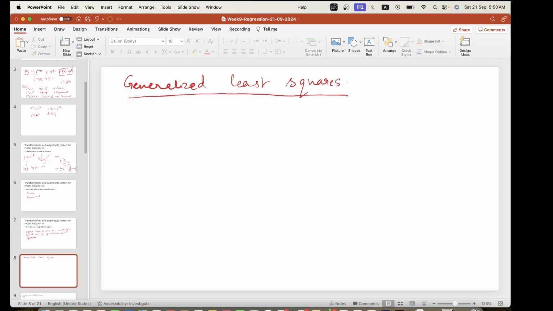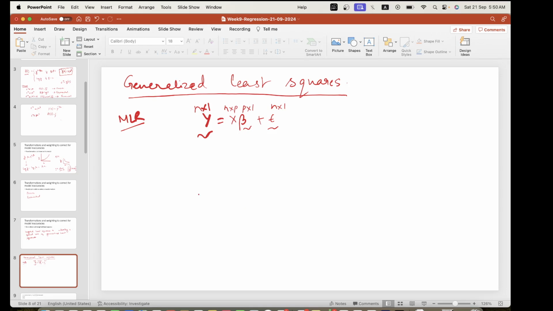Okay, so usually what did we have? If I write a multiple linear regression, we have something like this: y equal to x beta plus epsilon. This is an n cross 1 matrix, this is n cross p, this is p cross 1, and this is again an n cross 1 vector.